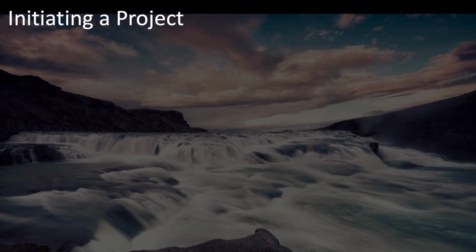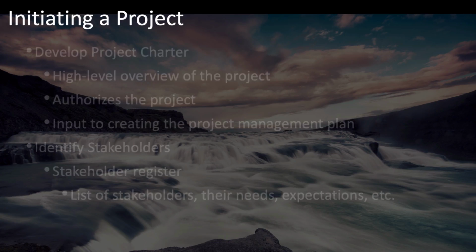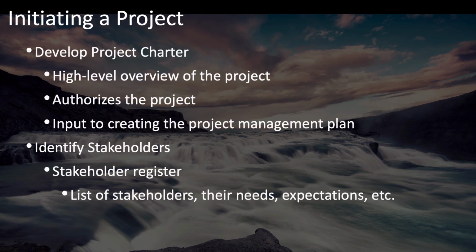To initiate a project, we use those processes that are part of the initiating process group. Which are these two processes and what are their primary outputs? They are to develop the project charter and identify stakeholders.